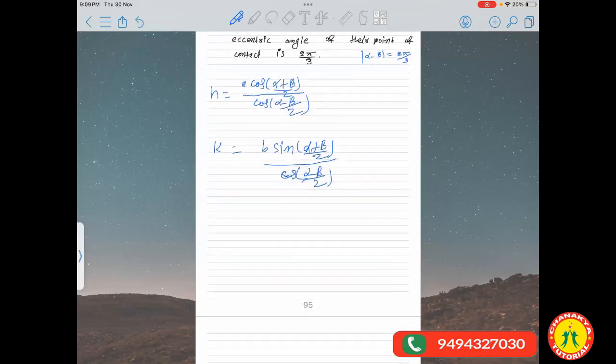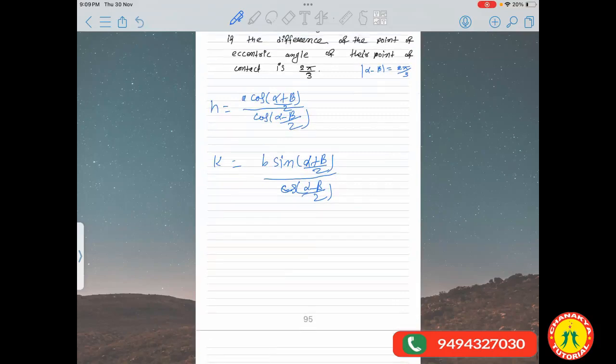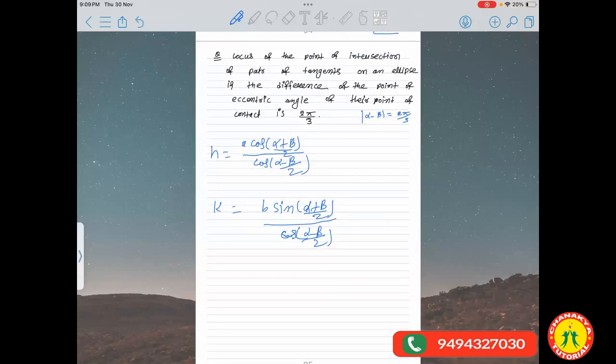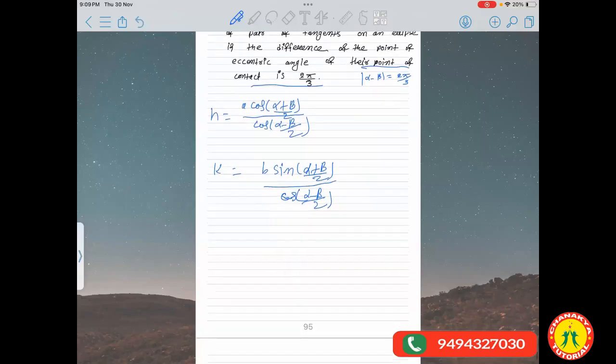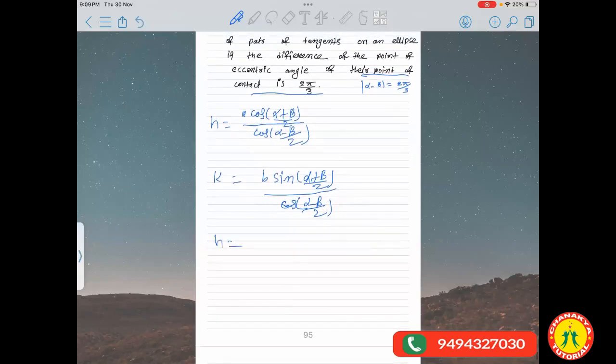Now, mod of alpha minus beta is given equal to 2 pi by 3. The difference between the eccentric angles of their points of contact is 2 pi by 3. So put alpha minus beta equal to 2 pi by 3. So h is equal to a cos((alpha plus beta)/2) upon cos(pi by 3), that is 1 by 2.